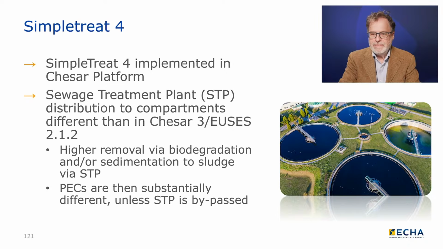In particular, we can observe higher removal via biodegradation and/or sedimentation to sludge in the sewage treatment plant, and as a consequence, the PECs, the predicted environmental concentrations, are then substantially different unless the STP is bypassed.